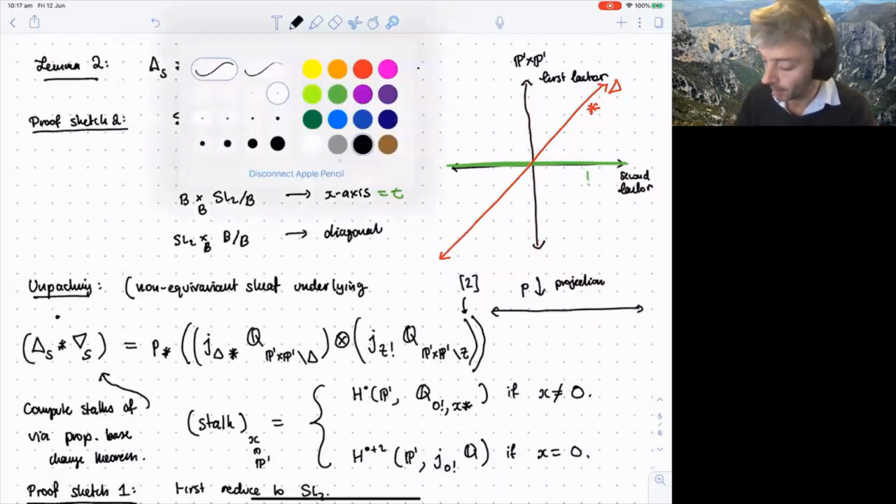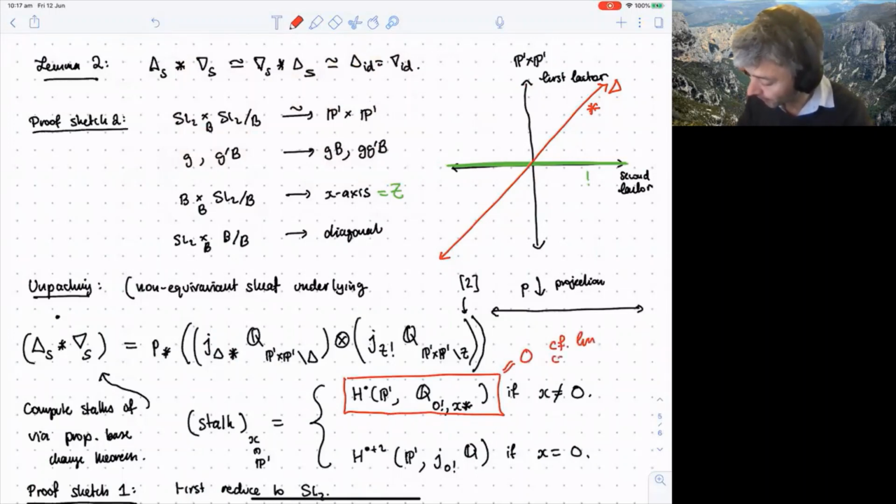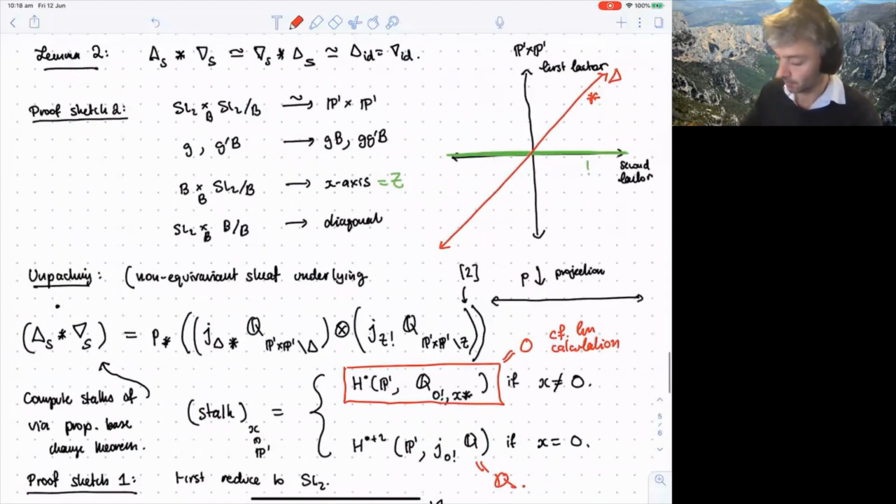Okay, and now by the fun calculation, this is 0, C F fun calculation, and this is just Q. Okay.